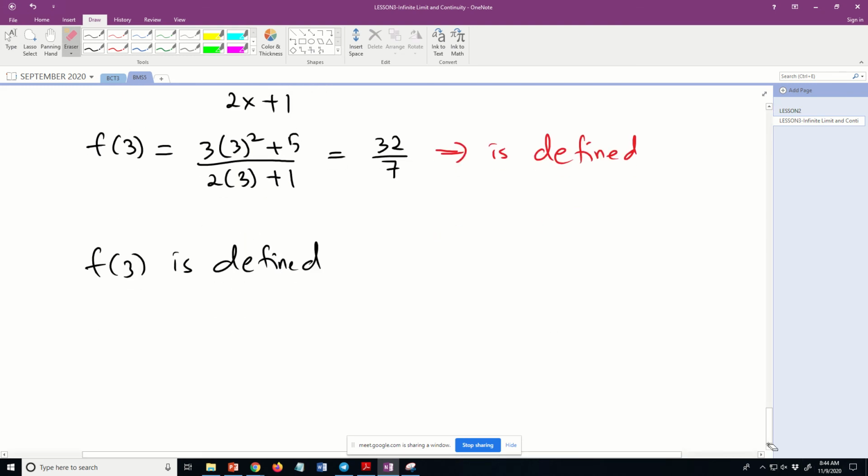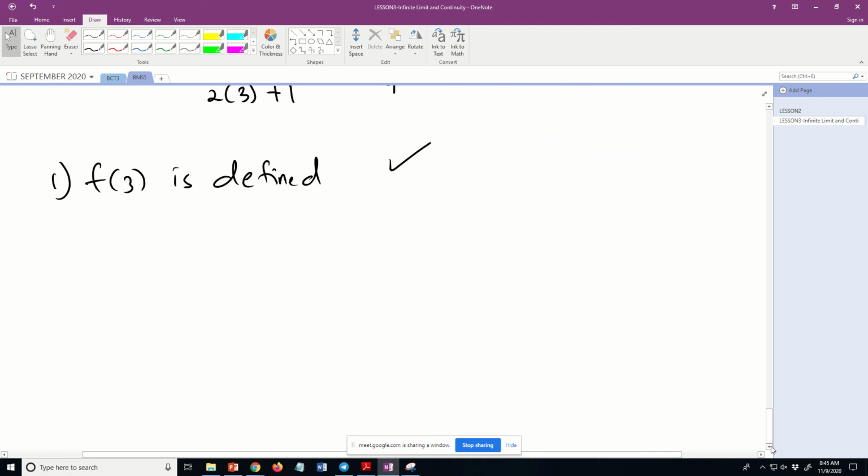So now I already checked the first condition. The first condition is satisfied. Now I go for the second condition. The second condition is that the limit as x approaches a of the function f(x) exists.